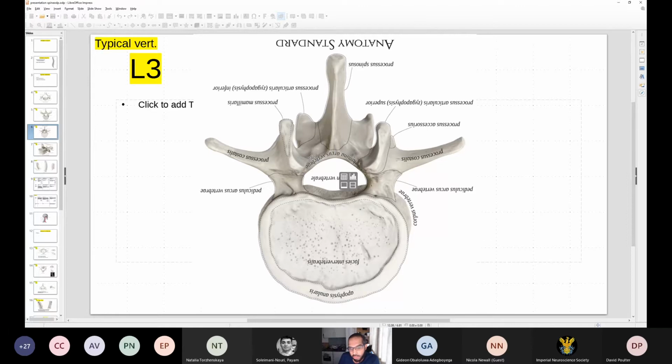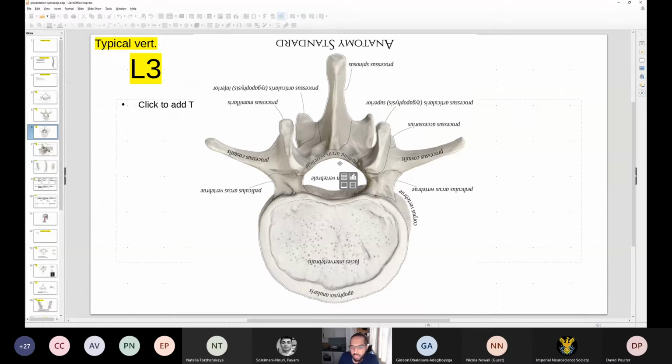The body here definitely looks larger than the body in the previous two slides, right? And this is true. The lumbar vertebra has the largest of the bodies in the vertebral column, and the canal looks a little bit larger compared to the canal or the foramen in the thoracic vertebra.